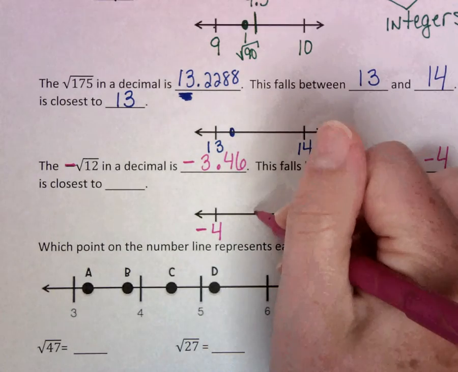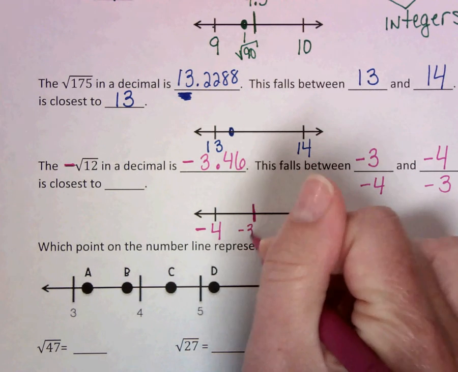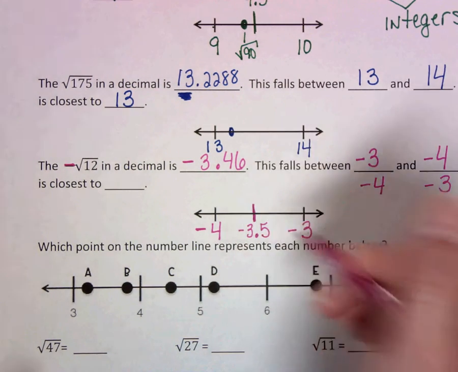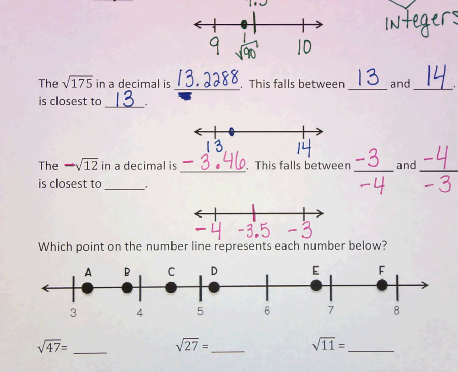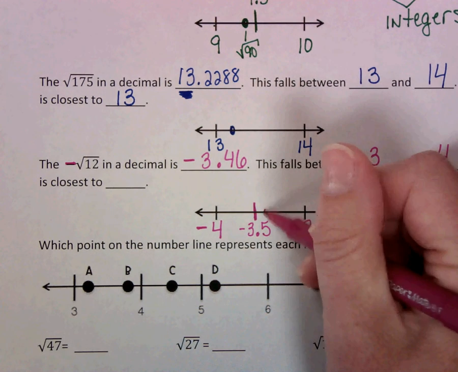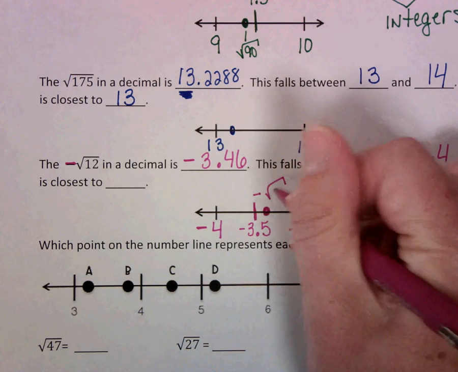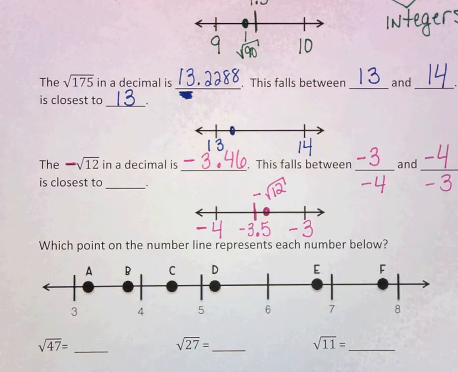Now, right here on our number line, that middle would be negative 3.5. So where does negative 3.46 fall? I hope you said that it falls right here. So that would be negative the square root of 12. See, I told you it's a little bit trickier with negatives.